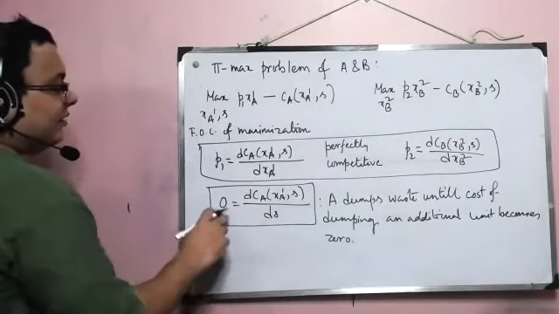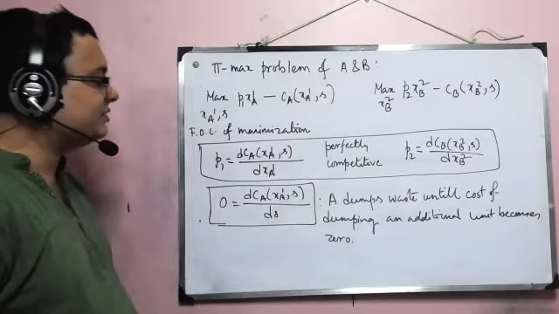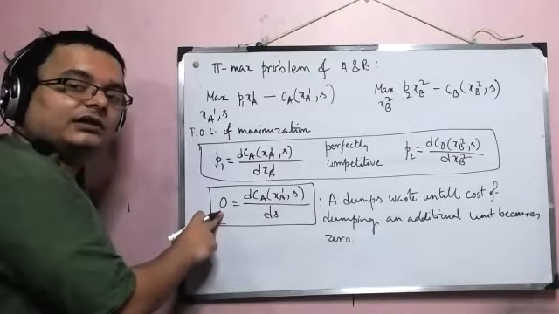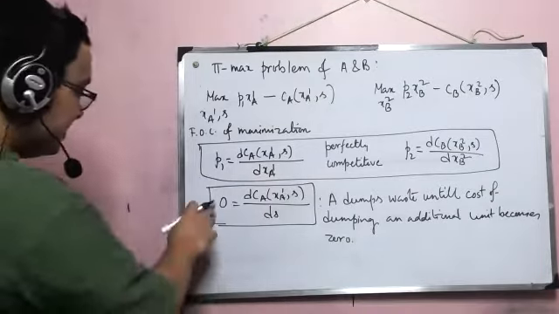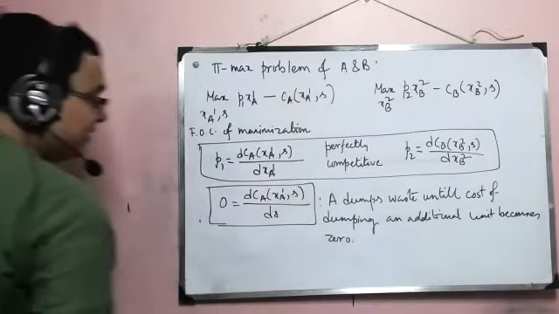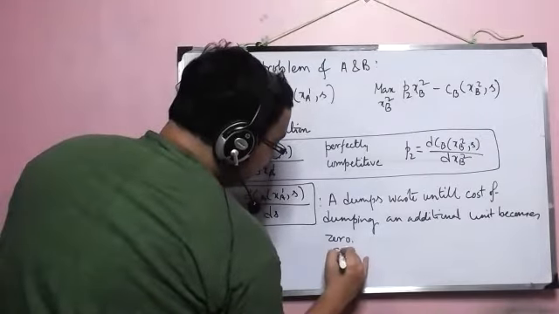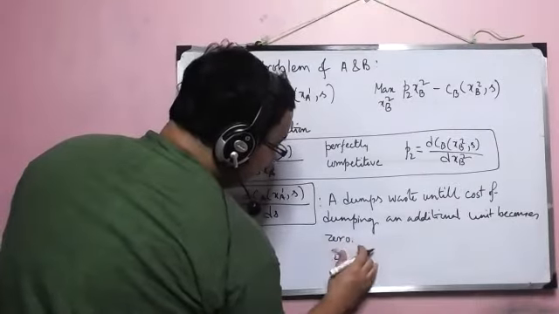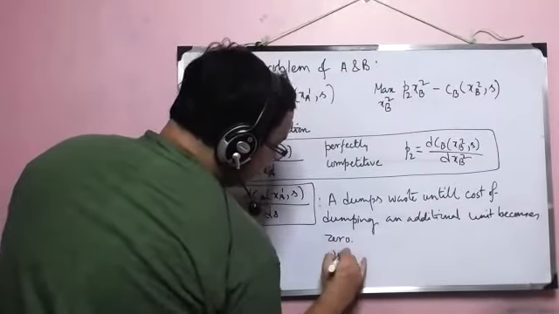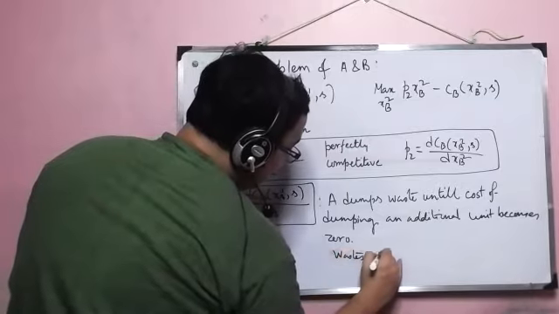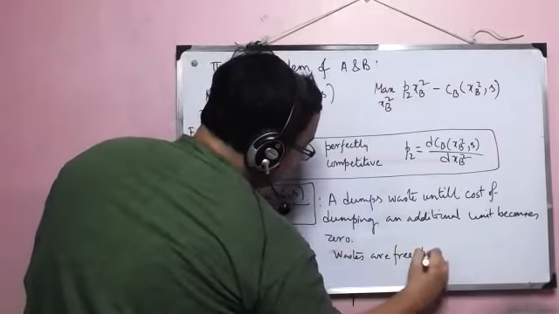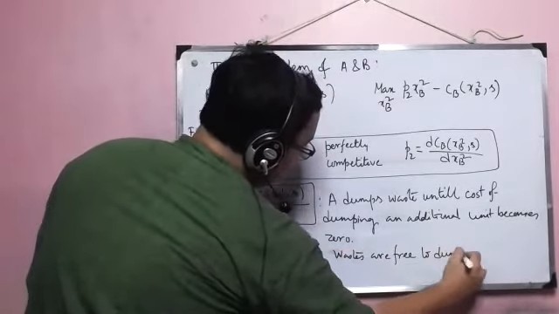Because, theoretically speaking, we should have expected a price here. And what is the price? The price is 0, because wastes are free to dump.